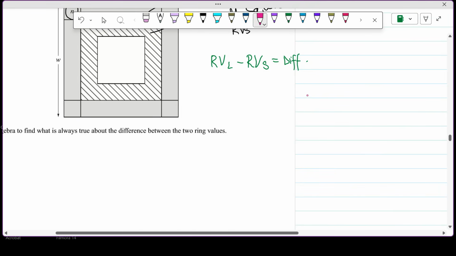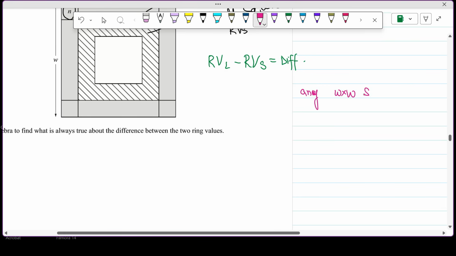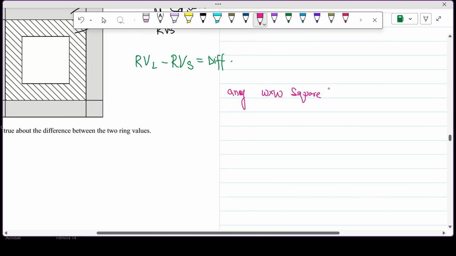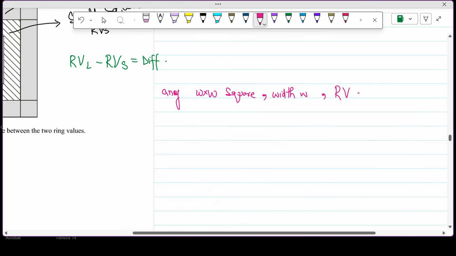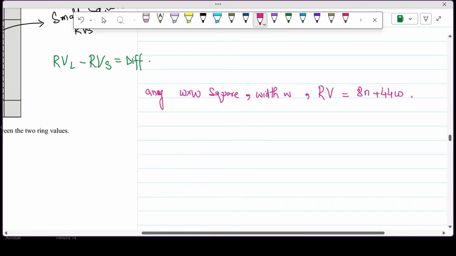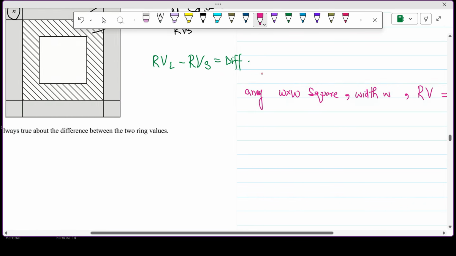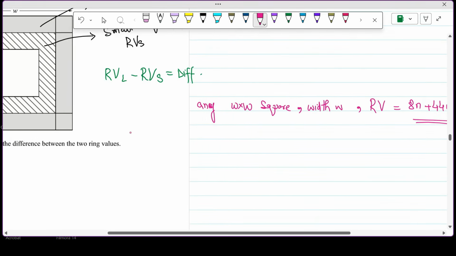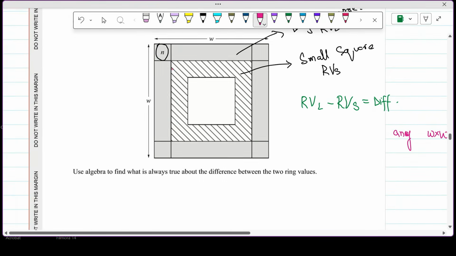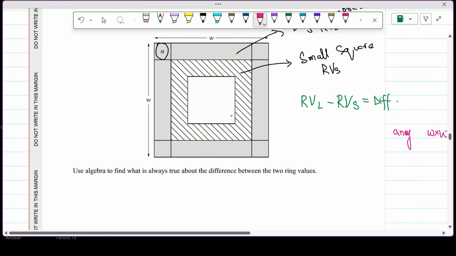For any W by W square which has the width of W, the ring value for the W width square is equal to 8N plus 44W minus 44. We just calculated this expression in part A. Now the same expression will be applied for both the large square and the small square.